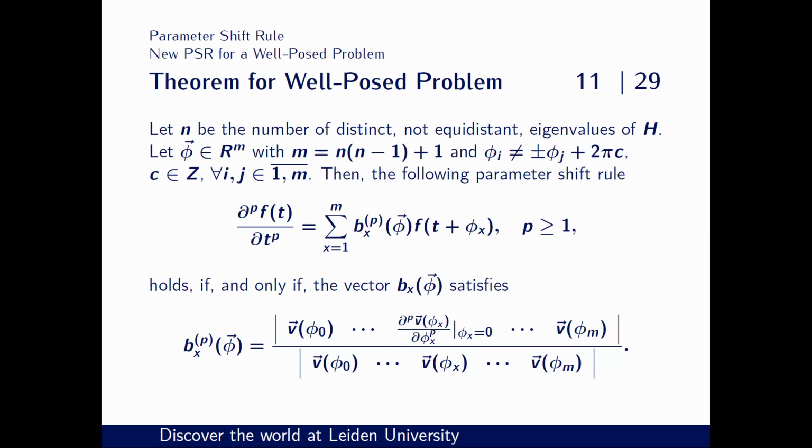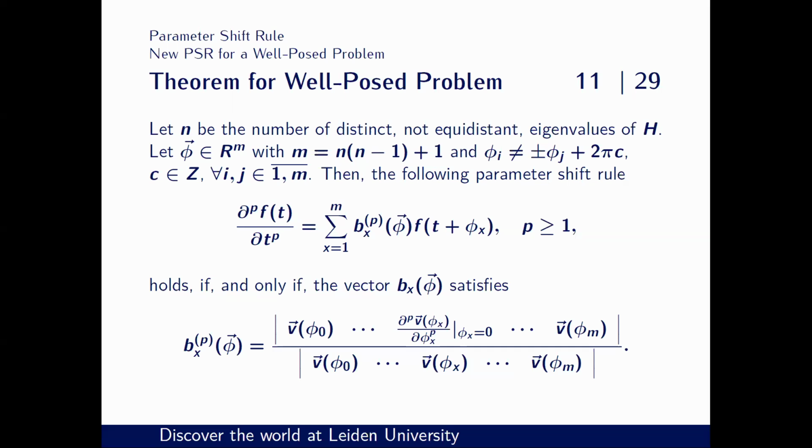So let's say that n is a number of distinct, not equidistant eigenvalues of your Hamiltonian. You have a vector of shifts. M is, as I told, all the unique distances between eigenvalues. This condition ensures that the matrix is not singular, the one that I want to invert.